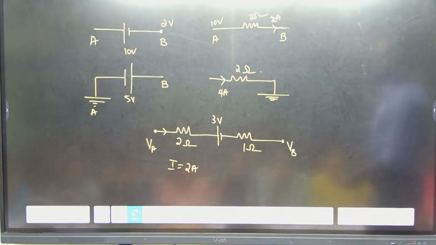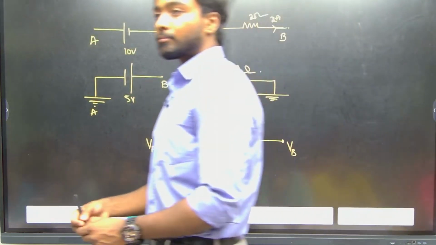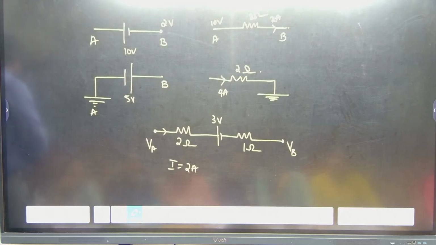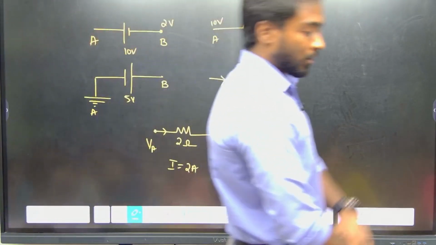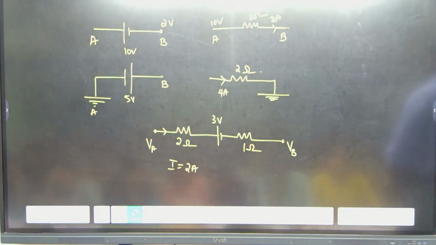So those who have completed the first four questions, you can do the fifth question. This is the fifth one. Once we complete these 5 circuits, we will go for the complicated circuits.